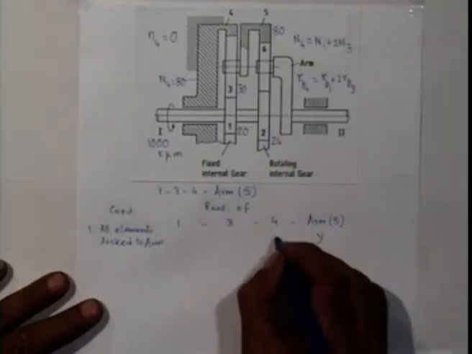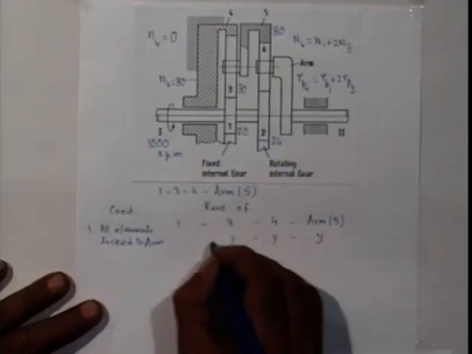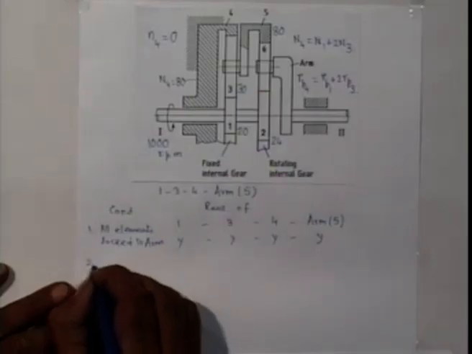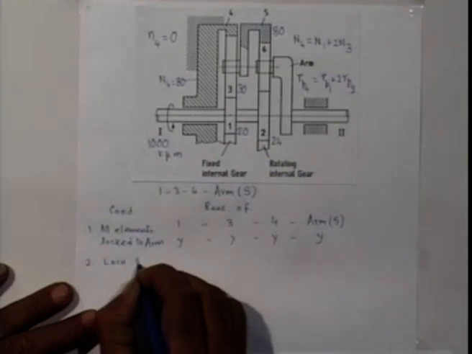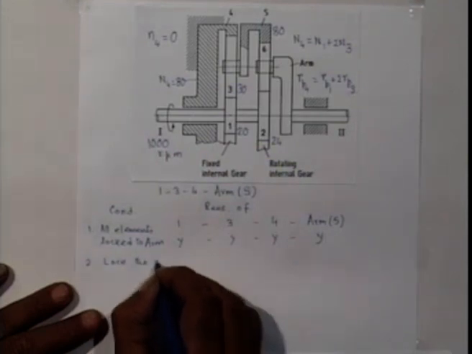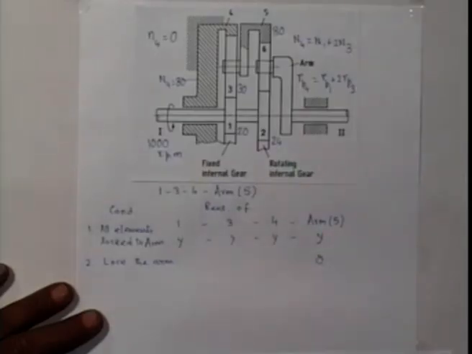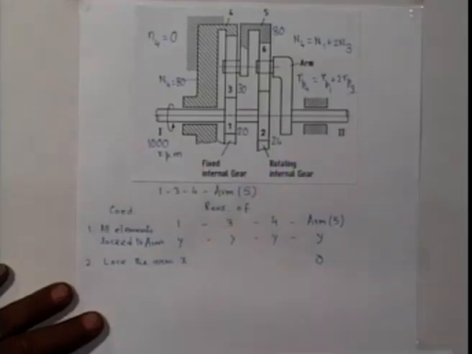Because everything is locked, so we get the same number of revolutions in all the elements. Next, you lock the arm, that is arm is locked, no revolution to the arm, and give any revolution x to say 1.